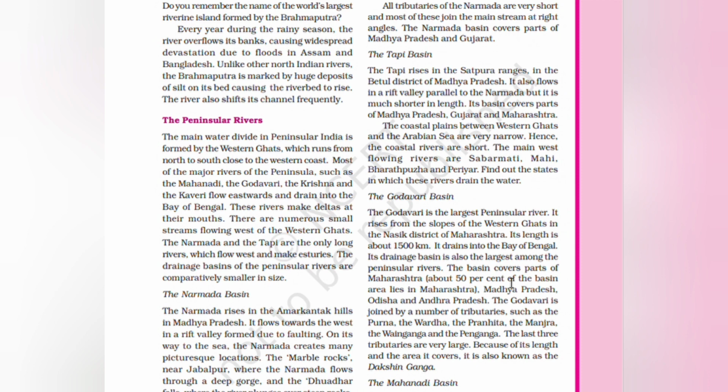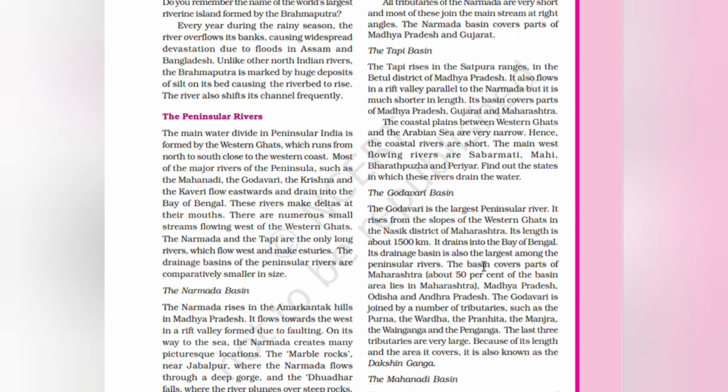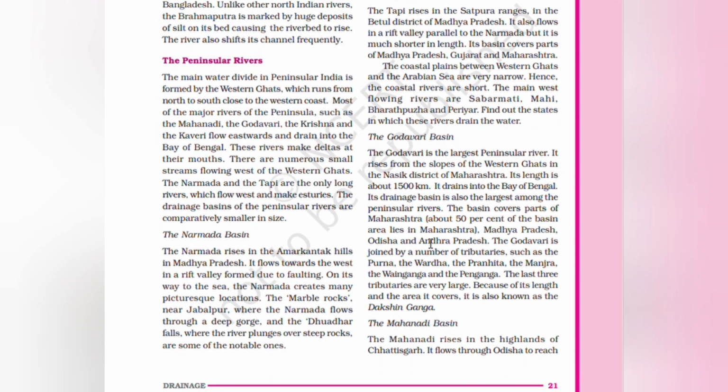About 50% of the basin area lies in Maharashtra, Madhya Pradesh, Odisha, and Andhra Pradesh. Godavari is joined by a number of tributaries such as the Purna, Wardha, Pranhita, Manjra, Wainganga, and the Penganga. The last three tributaries are very large. Because of its length and the area it covers, it is also known as the Dakshina Ganga.